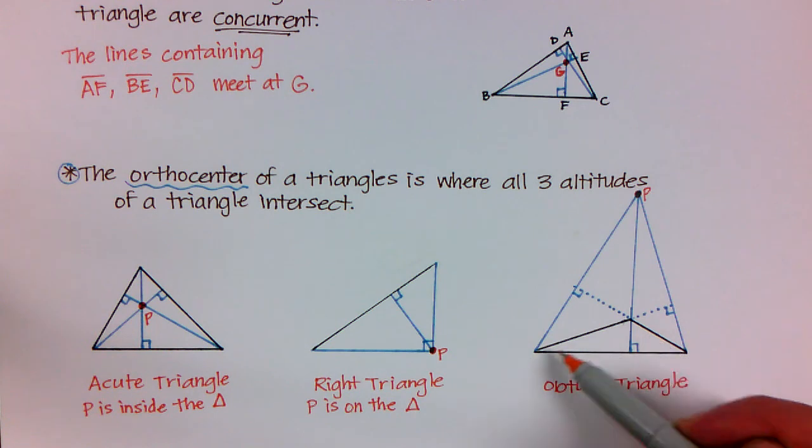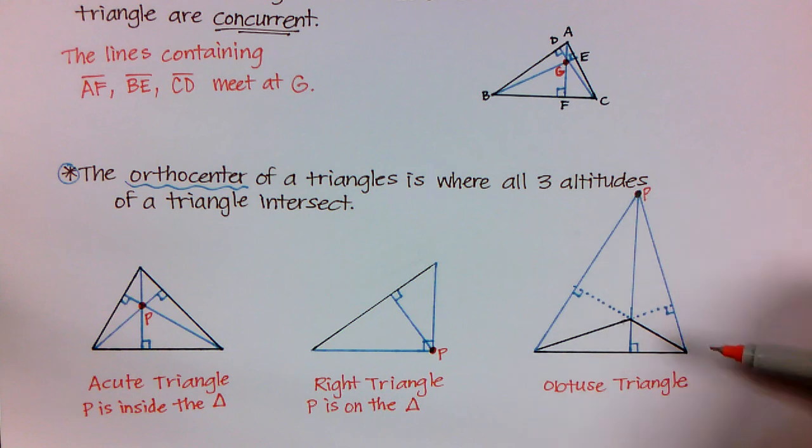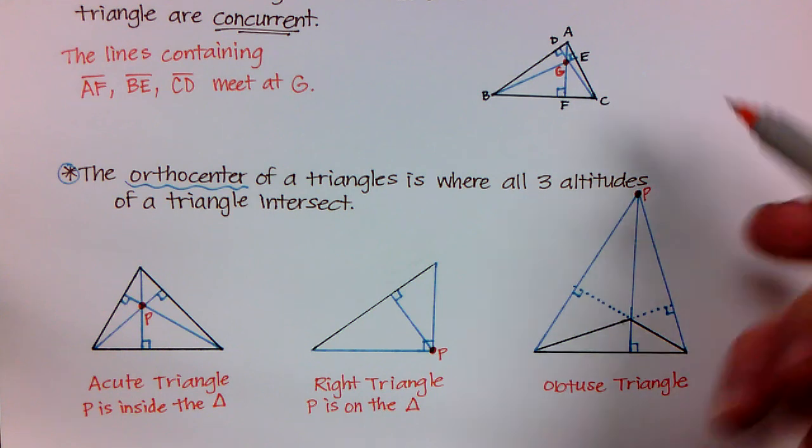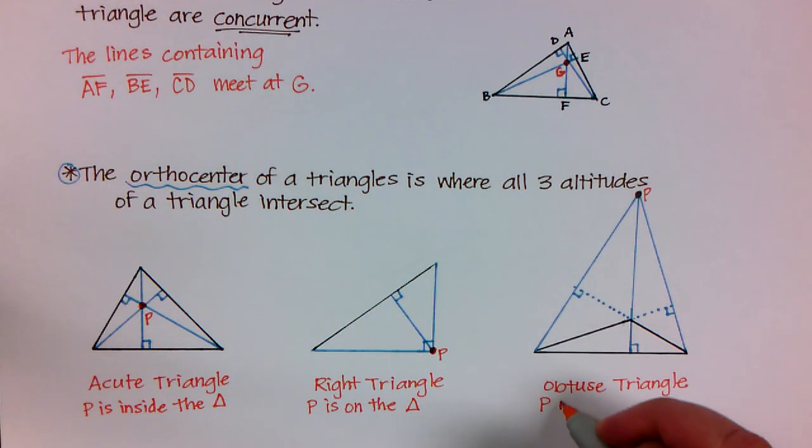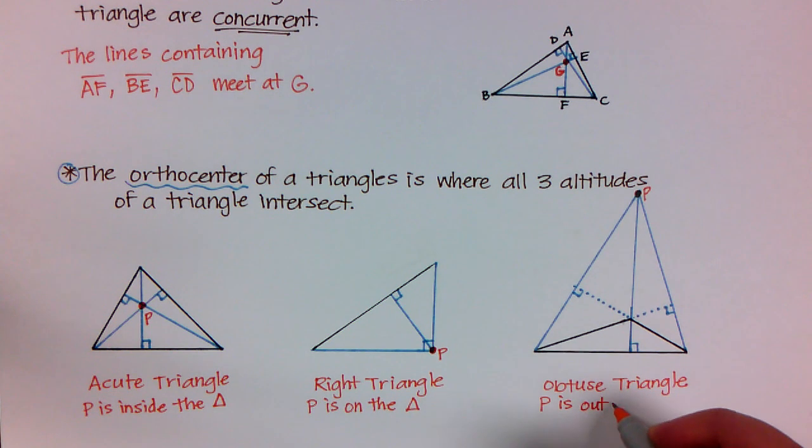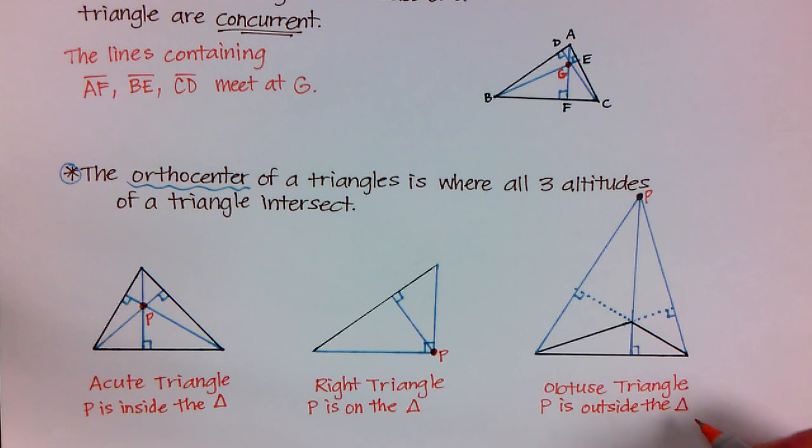That's not going to form 90 degrees. It's going to go out. And same with the one from this other bottom one. So P is outside the triangle for every obtuse triangle that you have.